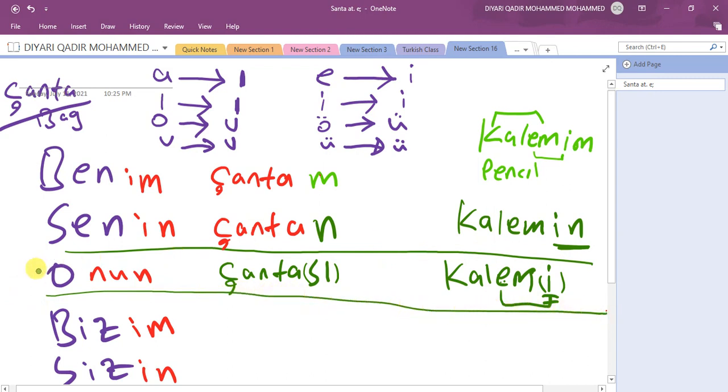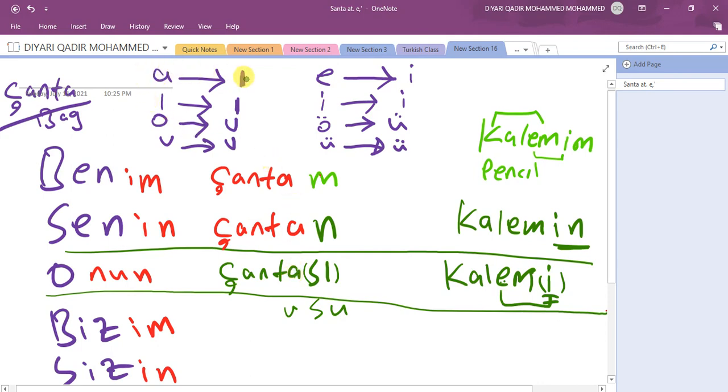Okay, for onun. Onun çantası. Look, this was ended with vowel. So please take a note. This was a vowel. That's why we use it as s. Look, this came from this a. If this was u, then it would be su. Why? Because we changed this a.